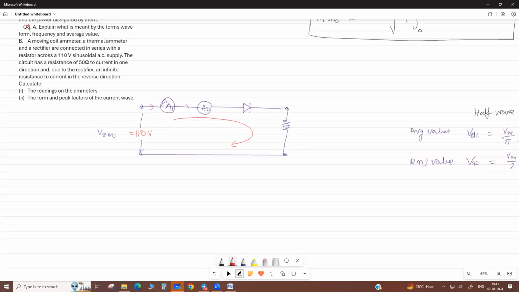Then the current flows through this, and here is the output current, and across this load resistance it is given 50 ohm. The resistance is this in one direction, the forward direction, and infinite in the other direction. In reverse, current will not flow. Okay, so this is the voltage across this, VD or V out.